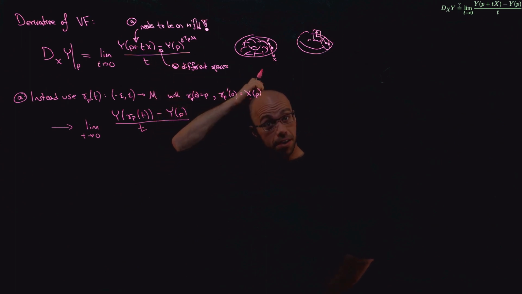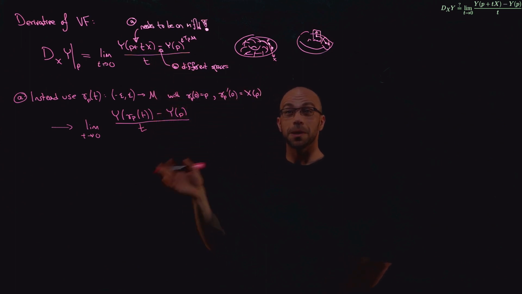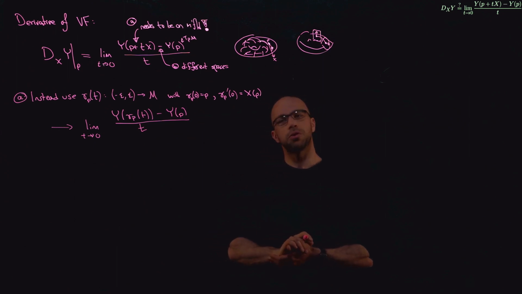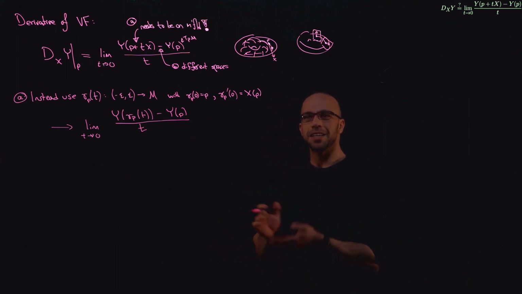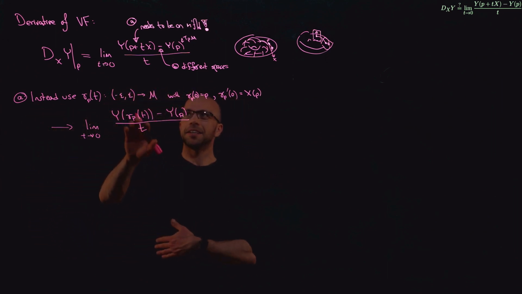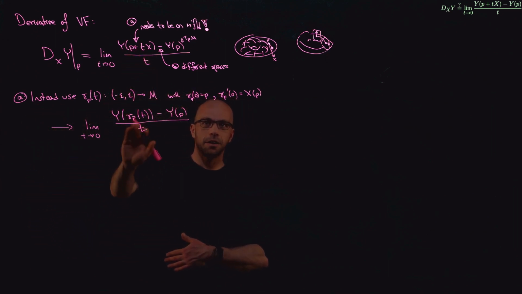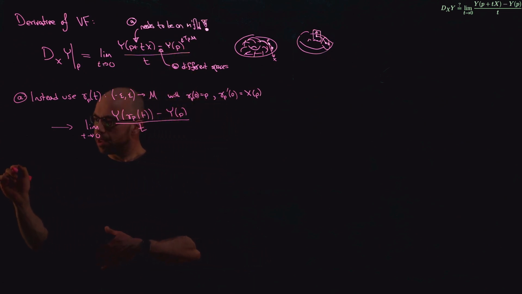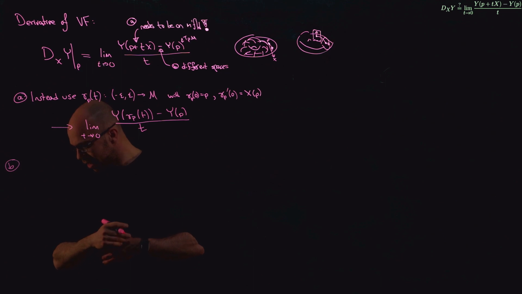Again, my goal here is to give you this generic formula for defining a derivative of a vector field on a manifold, and then we're going to go through two different examples and see that they lead us to different places. So how we're going to resolve problem A is by replacing the straight line with a curve whose initial tangent agrees with our vector field. Now, how can we resolve problem B?